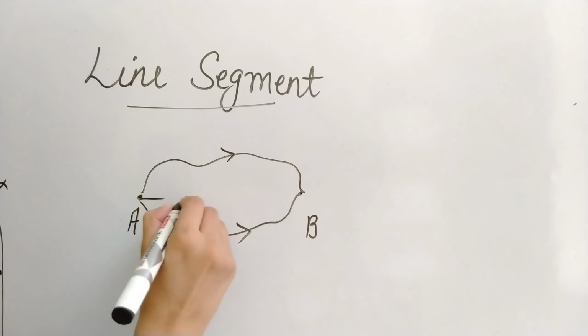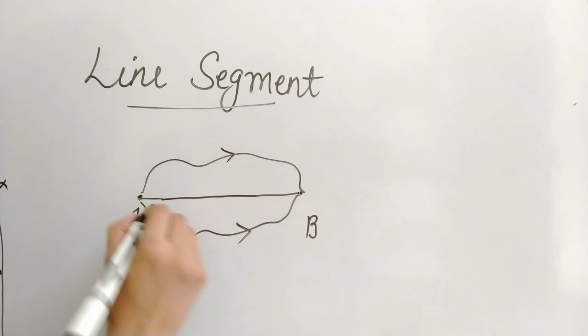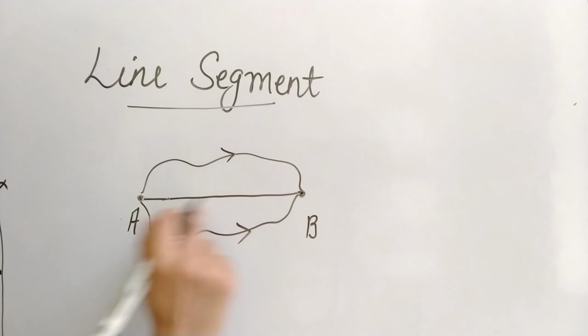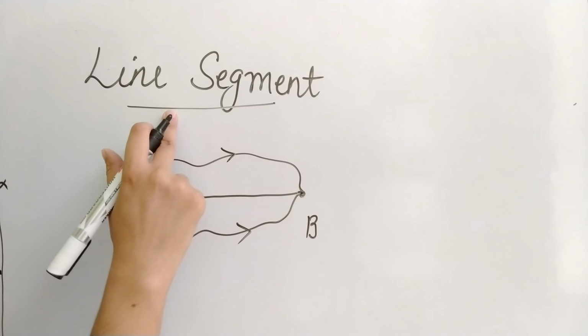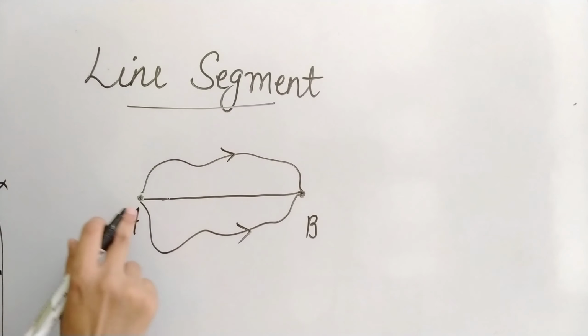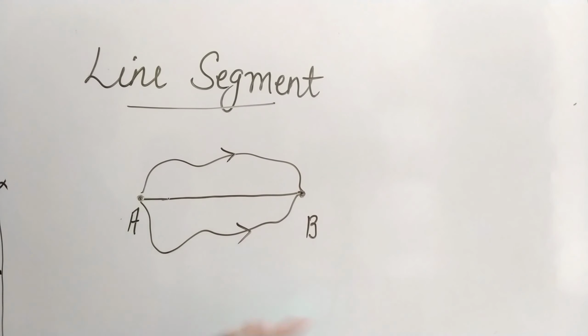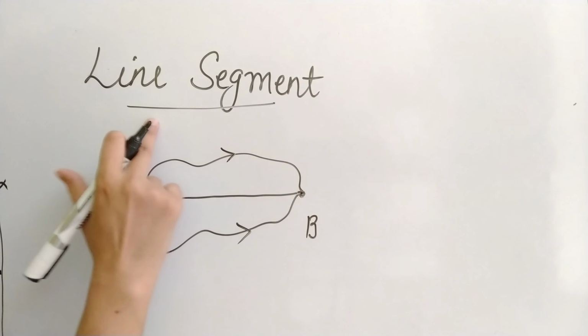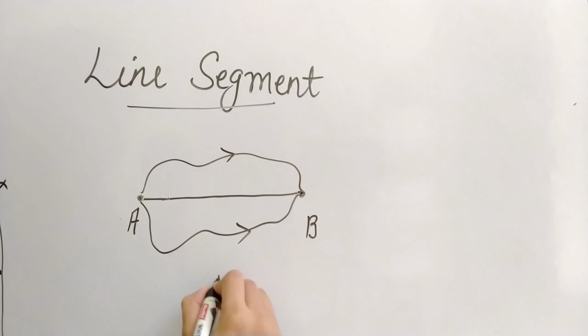But the shortest distance with which you can reach from point A to B, this length is called a line segment. So basically a line segment has two ending points. Earlier we saw that a point can be indicated with the help of an alphabet. This point's name is A, this point's name is B. How will you indicate a line segment?